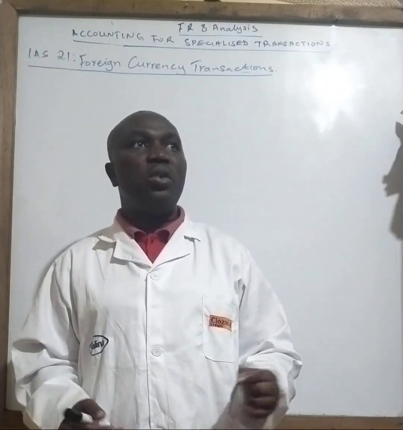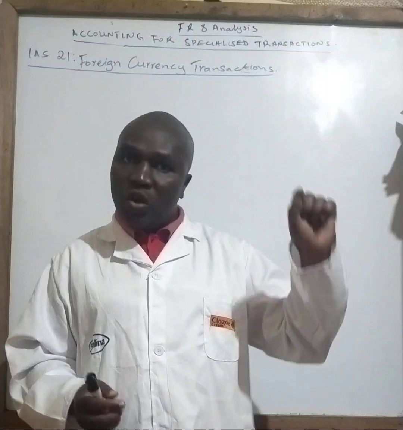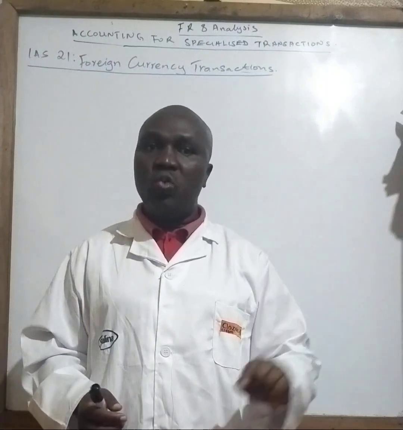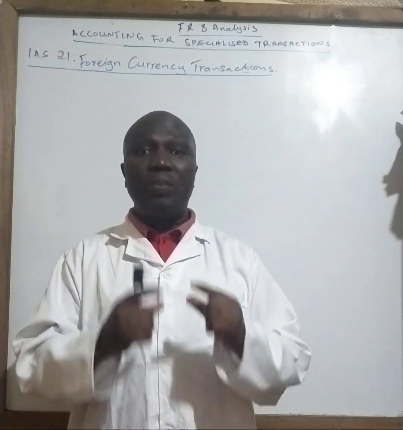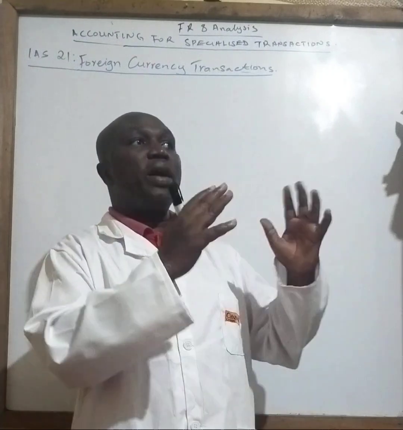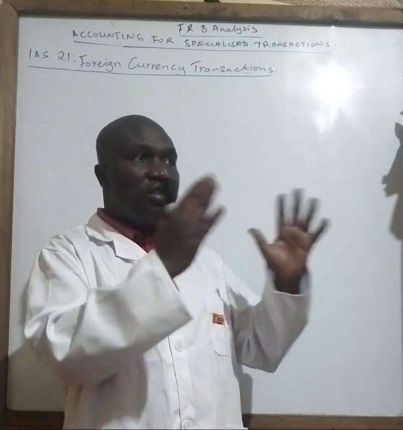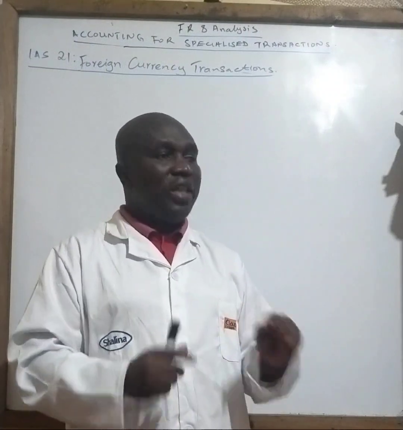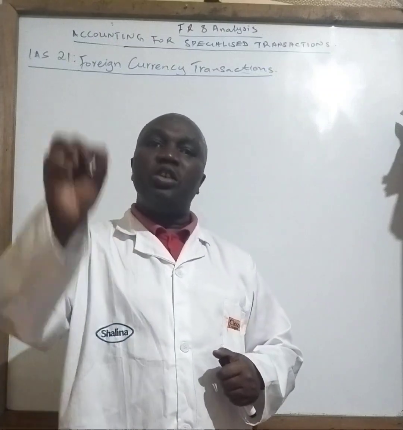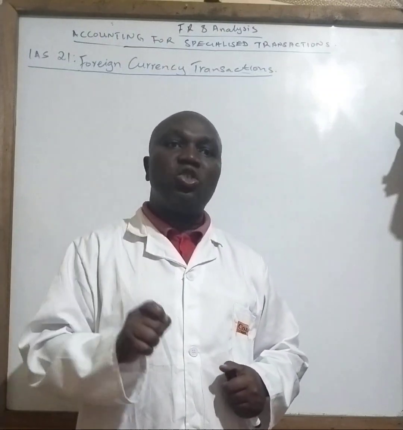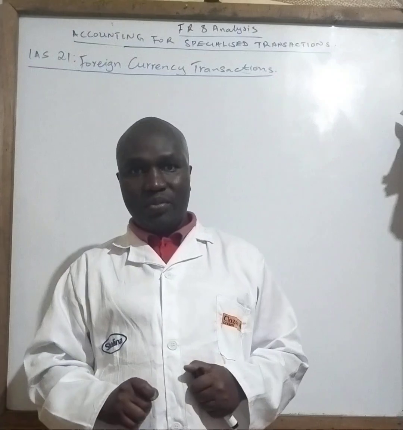That branch will be independent, in the sense that it has to operate based on the laws and regulations of Tanzania. Therefore, that Equity branch in Tanzania should do transactions based on the local currency.